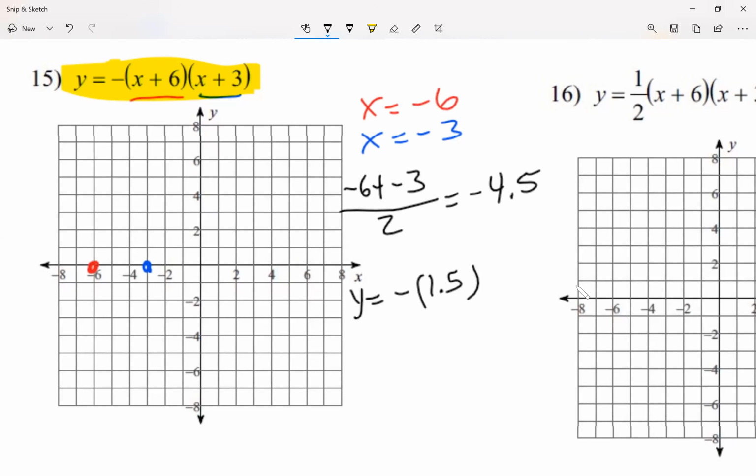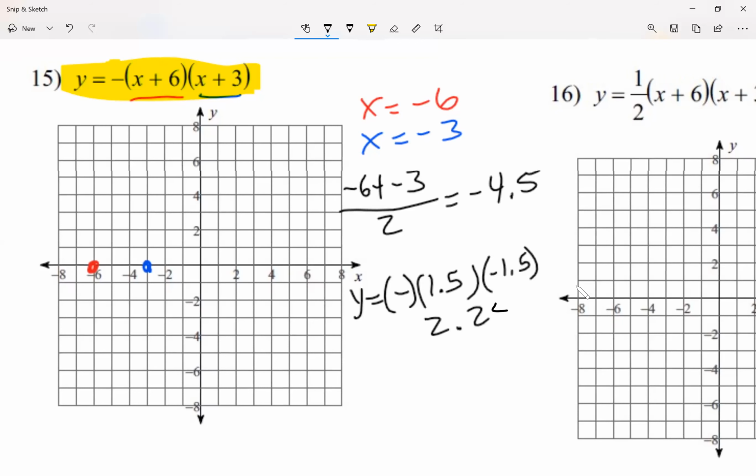Now let me take a look at the second parentheses, x plus 3. -4.5 plus 3 is a -1.5. When I type this over, I go -1, because of the negative at the very beginning, -1 times 1.5 times a -1.5, it gives me 2.25.